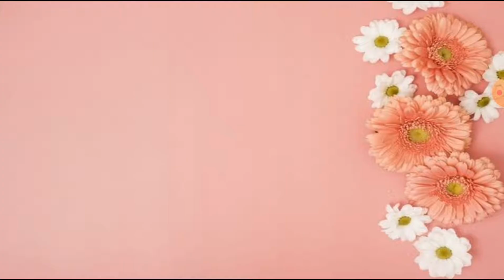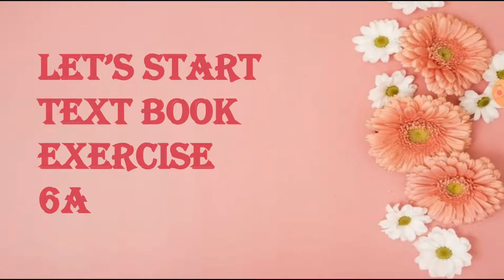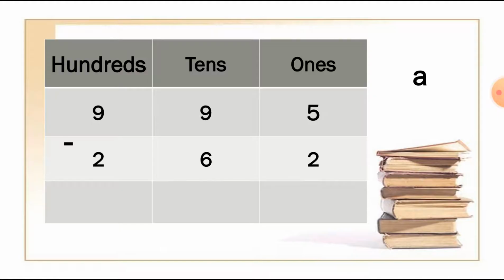Now here is exercise 6a, which we did not complete in the previous lecture. So today we will complete this exercise in this lecture. Let's start this exercise, which is exercise 6a, and you have to write this exercise down in your fair book.